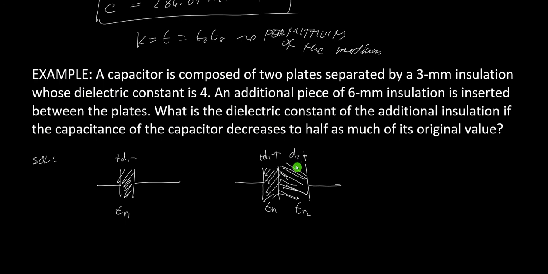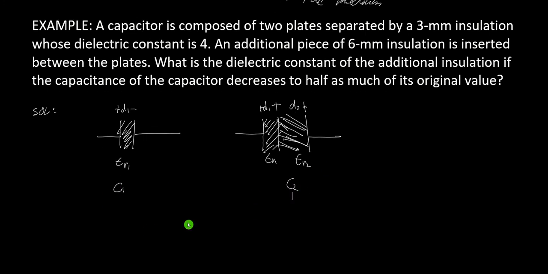And the condition says the capacitance of the capacitor decreases to half as much as its original value. So if this is C1 and this is C2, what happens to the new value C2? It will decrease to half as much as the original.